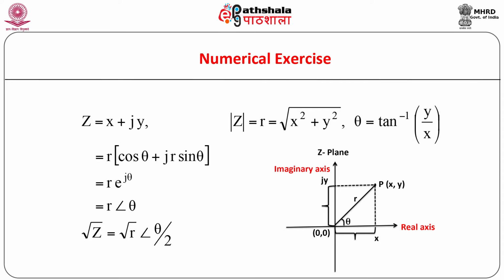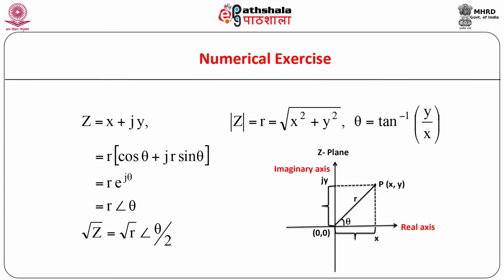Thus, we have z is equal to r cos theta plus j into r sin theta. This is known as the Cartesian representation of complex number z. Now, using Euler's identity, e raised to j theta is equal to cos theta plus j sin theta, we have the exponential representation of z as z is equal to r into e raised to j theta.